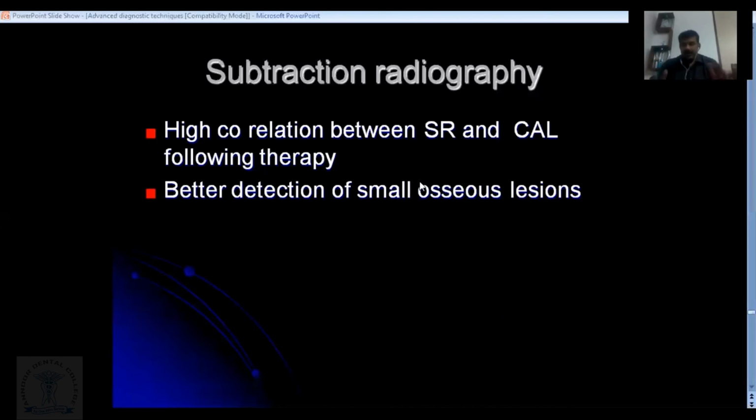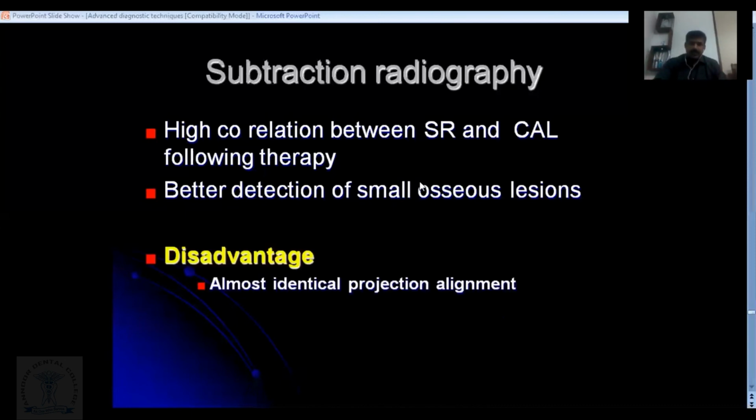You don't do it regularly in your clinical practice; it is done only for research purposes. Disadvantages: you have to take radiographs in very reproducible, correct angulation, with the correct paralleling technique.